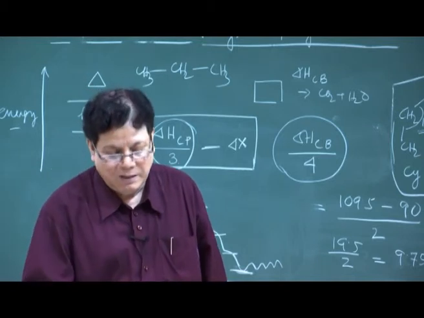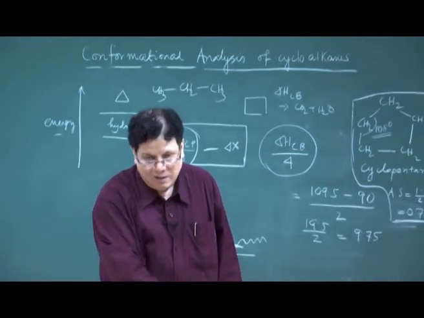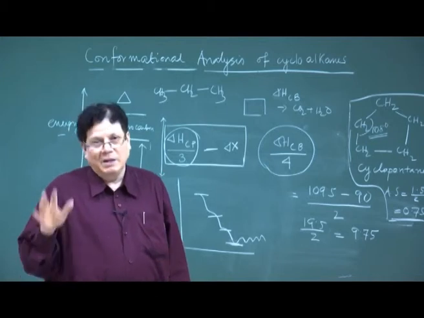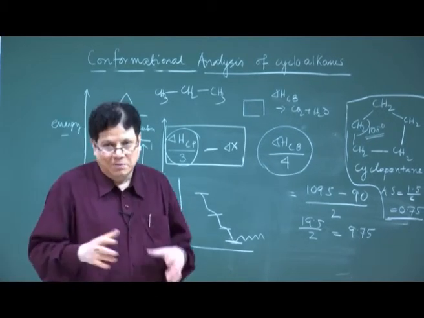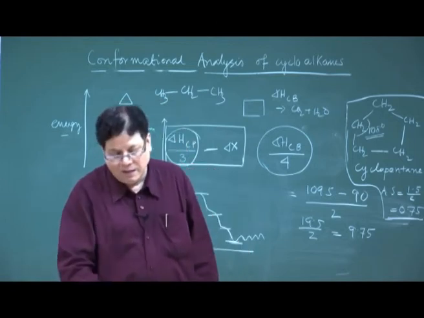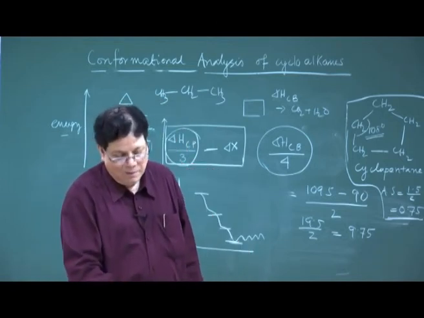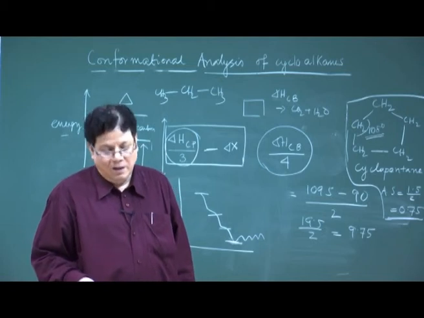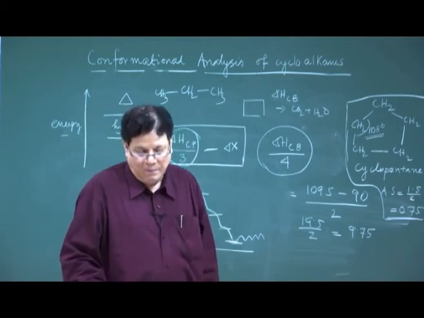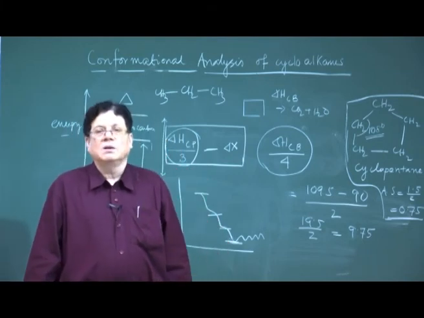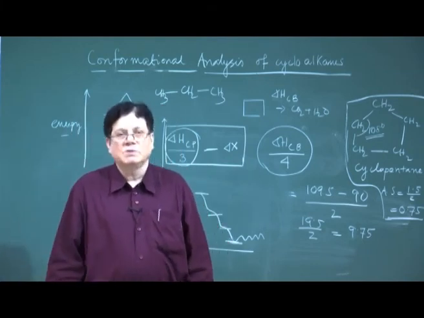So, it is more stable. Bayer strain theory is followed by these three, but after this the whole theory falls apart. Cyclohexane is more stable than all these systems. Okay. Thank you. In the next one we will discuss the modern day concept of these cyclic systems, the conformation of cyclic systems.